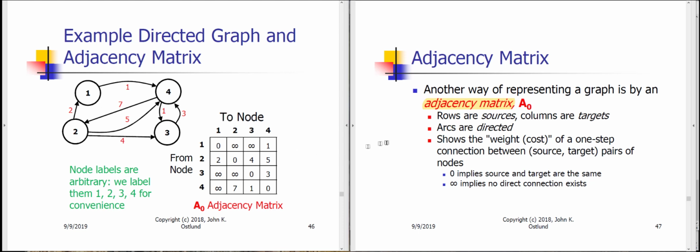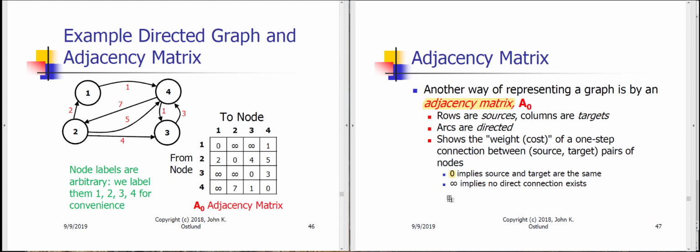The cells in this adjacency matrix, A sub 0, show the cost of getting directly from a source node to a corresponding target node. Now, if the cost is 0, that means it's the same node. So there's no cost in getting from node 1 to node 1, or in getting from node 2 to node 2. We're already there in these cases, so the diagonals are filled in with zeros.